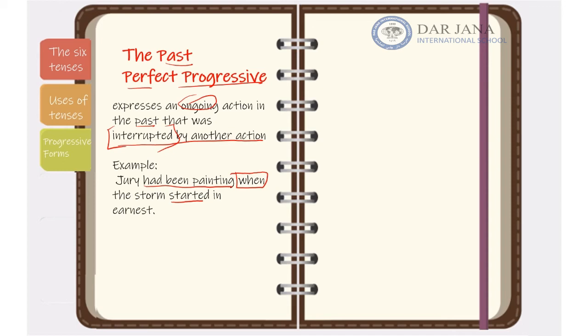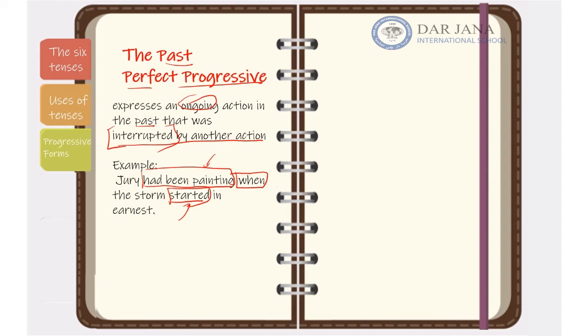When you want to show a sort of conflict or interruption, then we use the past perfect progressive in the past. Now, the first one is had been painting. The second one is started. Now, why do I use the past perfect here and not here? Simply because of 2 things.